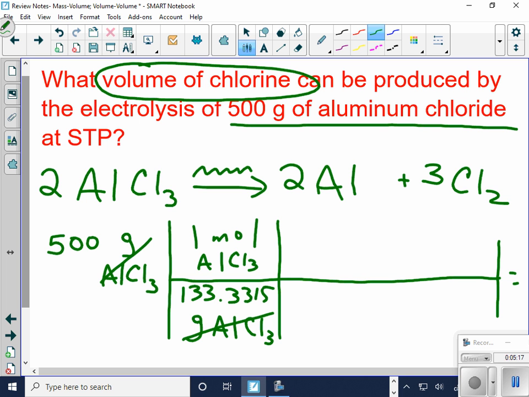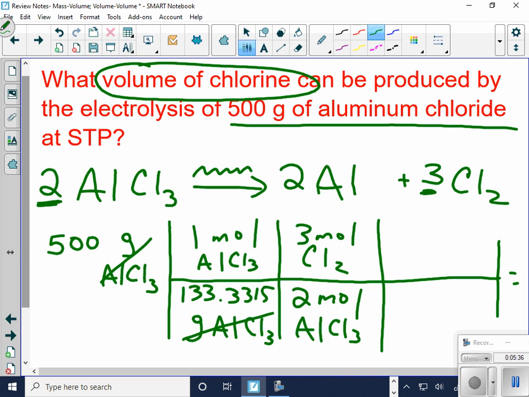This is the step now where I use my molar ratio, okay, from my balanced equation. 2 moles of aluminum chloride will produce 3 moles of chlorine gas. My moles cancel, so now I've converted this into moles of chlorine.